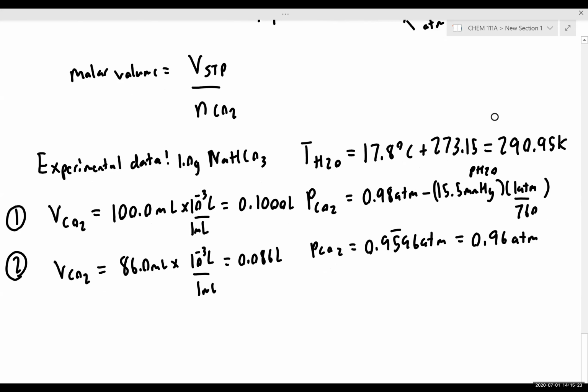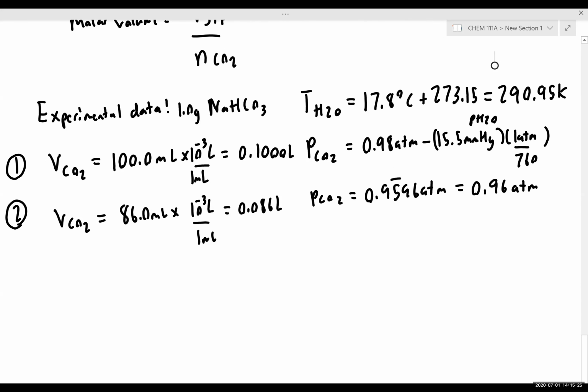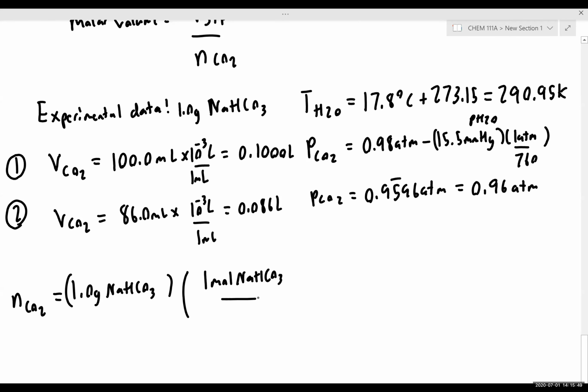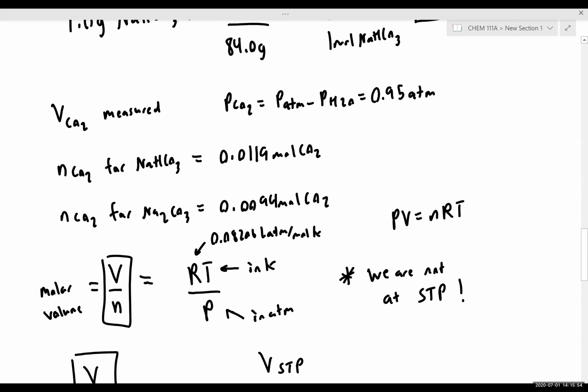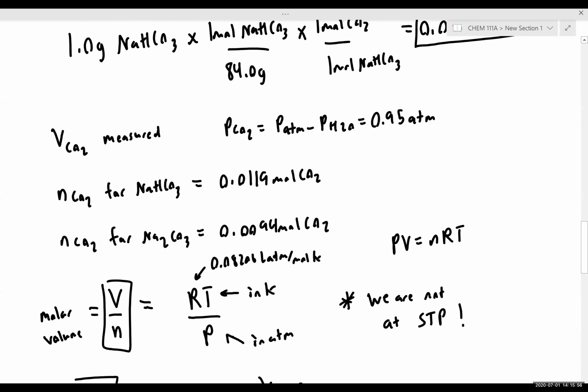Okay, so now that we have all this data at hand, well, before we do that, if we have 1.0 grams of sodium hydrogen carbonate, to calculate the moles of carbon dioxide expected, we take our 1 gram of sodium hydrogen carbonate, and we know in 1 mole of sodium hydrogen carbonate, looking at our previous calculation, we have 84 grams.